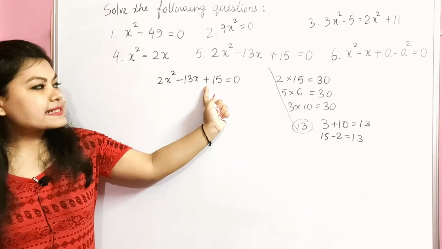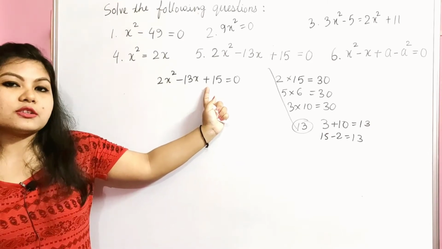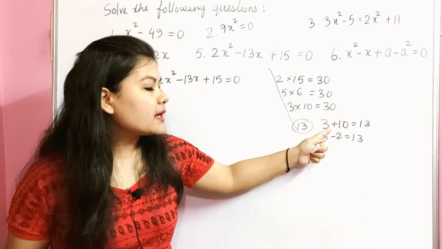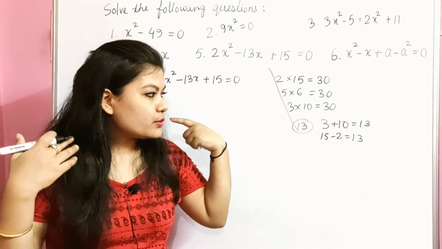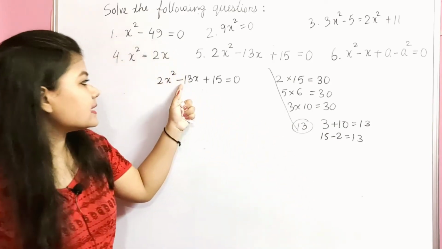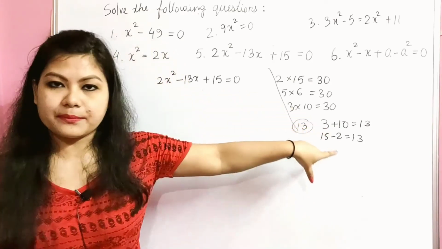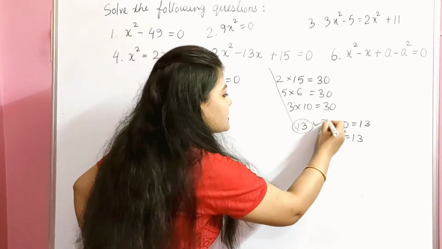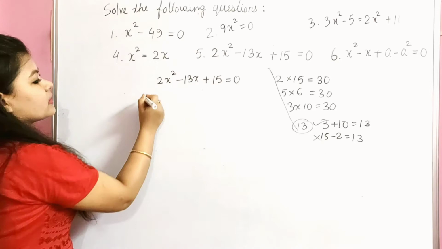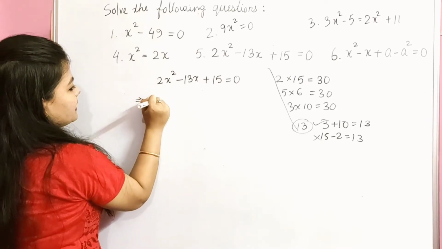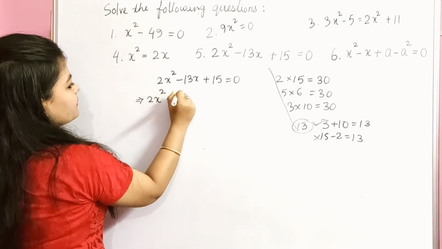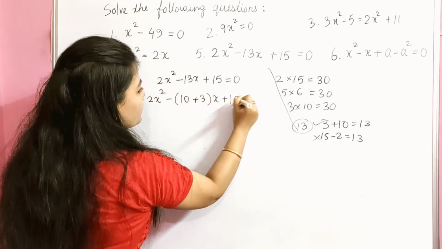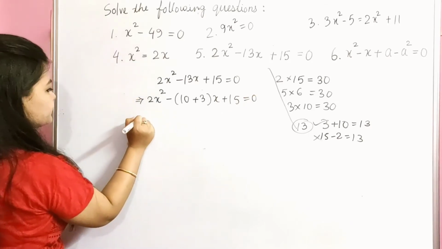If the sign before the constant value is positive, that means we need to consider the pair of numbers which give the coefficient value by adding them. So 3 plus 10 equal to 13. We need to consider this value, not this value. Now substitute the values here: 2x square plus 10x plus 3x plus 15 equal to 0.